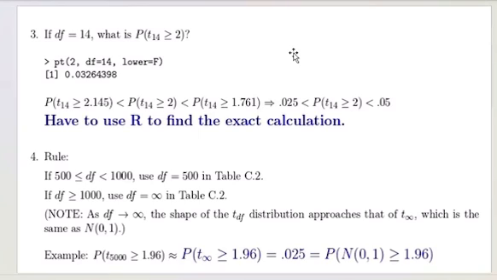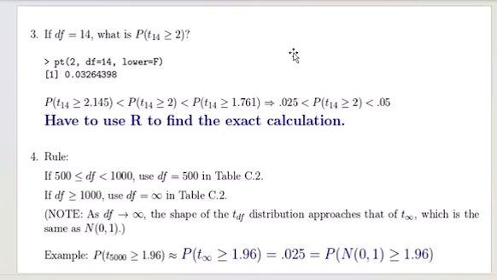Let me tell you this. There's a difference between getting a t-score and getting a probability with a t-score. The other time, if I wanted to get a probability in a normal distribution, what did I normally do? pnorm. If I want to get a probability with the t distribution, it's going to be pt. If I want to get a z-score, it's qnorm.